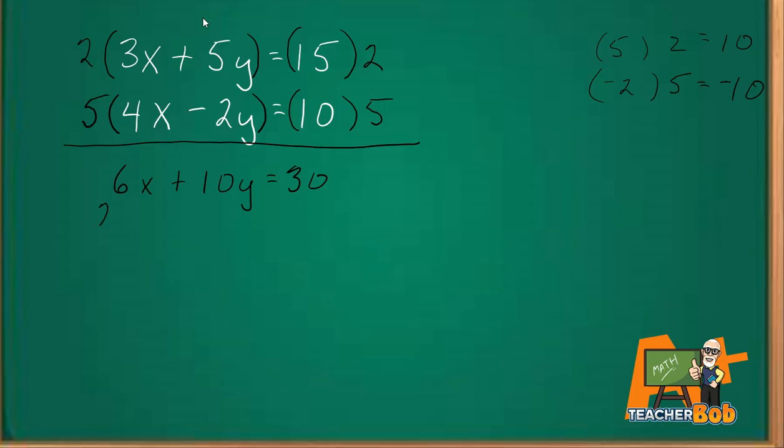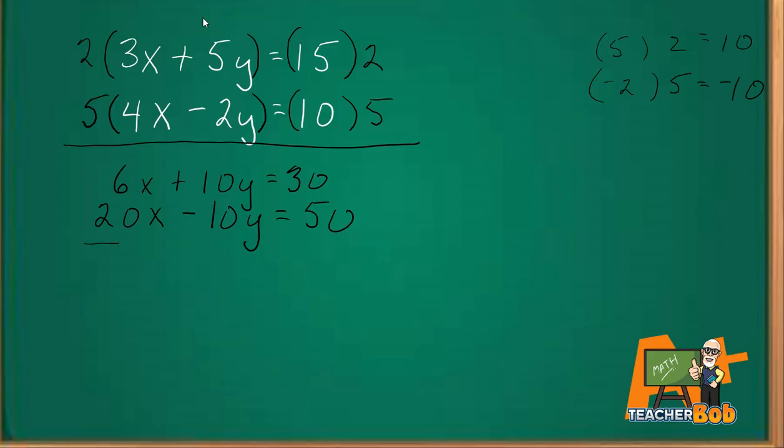So we get 20x, and 5 times a negative 2 is a negative 10, and this is a y term, and that equals 10 times 5 on the right side, so we get 50.